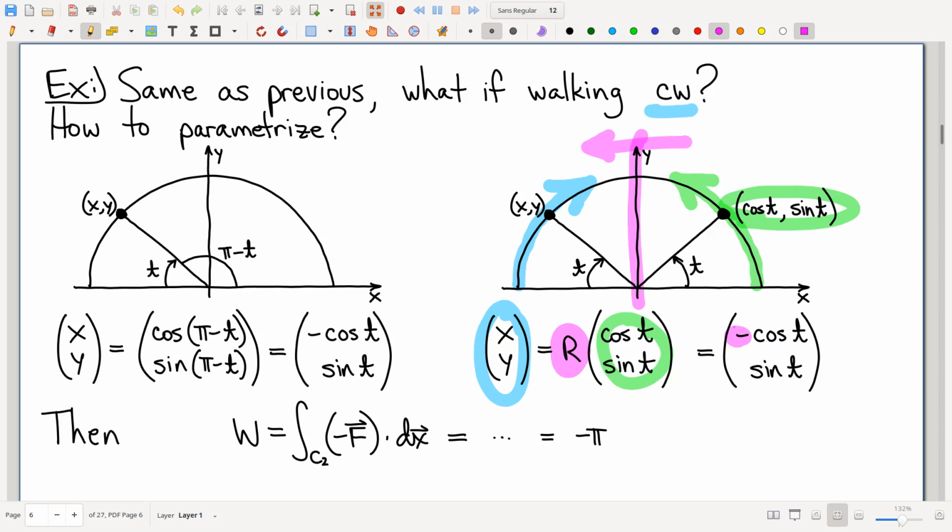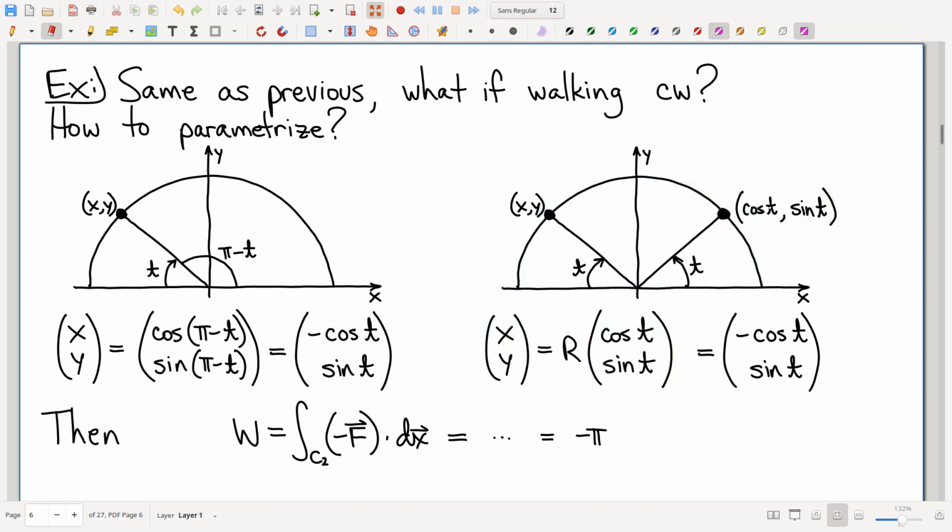Now, why am I showing you two different arguments that get us to the same answer? The reason is because it's not about the answer here. It's about the idea. In some situations, visualizing your angle on your picture, visualizing your parameter that you're going to use for your parameterization, and then doing analysis from there is a very good idea in a lot of circumstances.